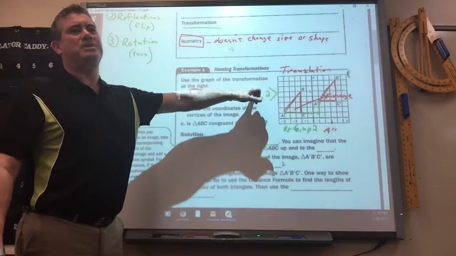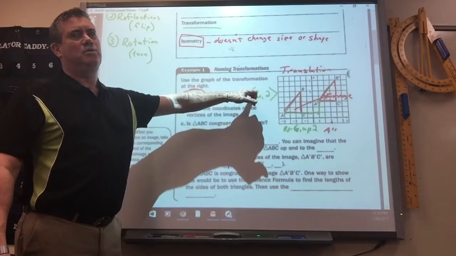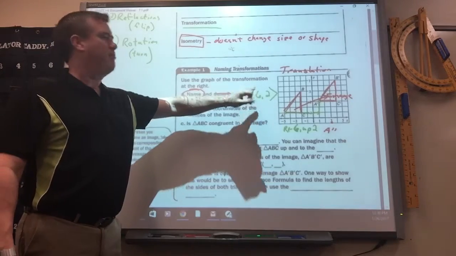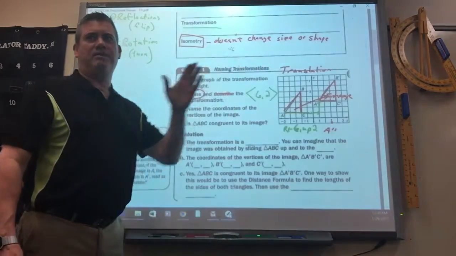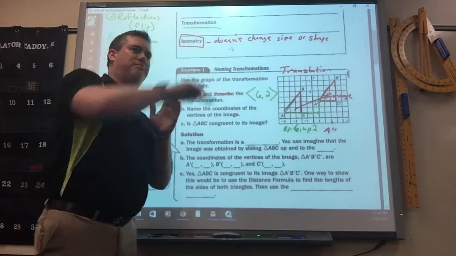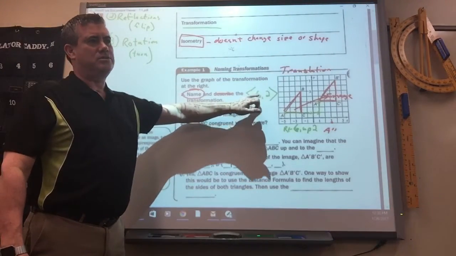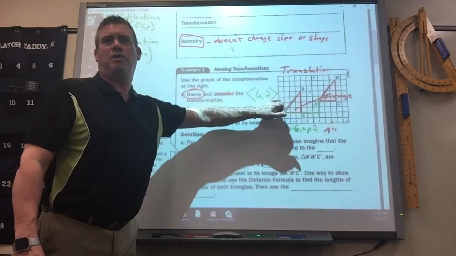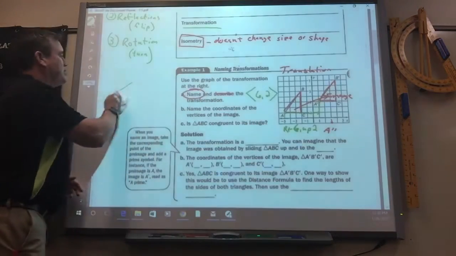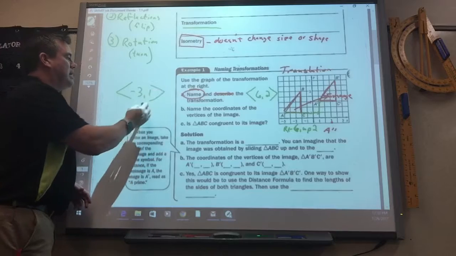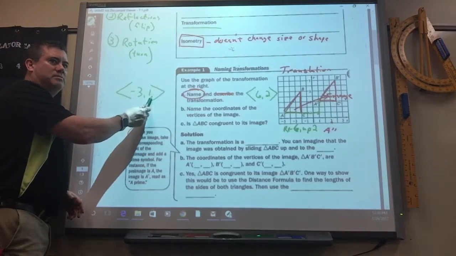These brackets represent a vector, which we'll be doing. A vector is like airplanes flying from one spot to another. They fly in a straight line. So this is the directions. The first one's the X, the second's the Y. If you ever saw a vector like this, that means you go left 3, up 1.